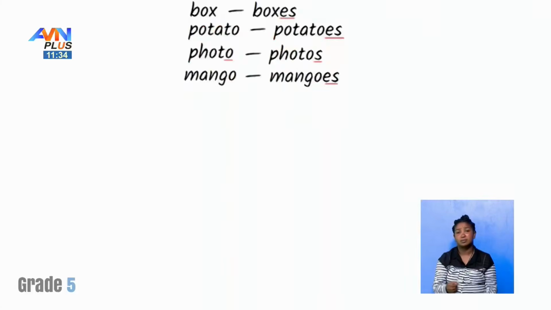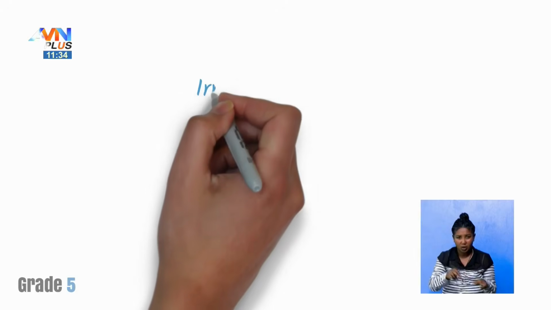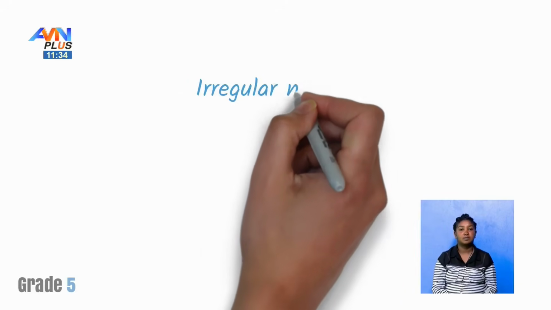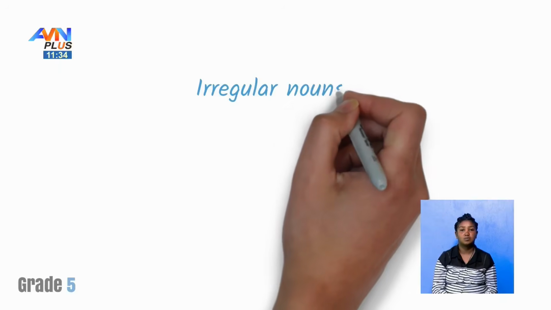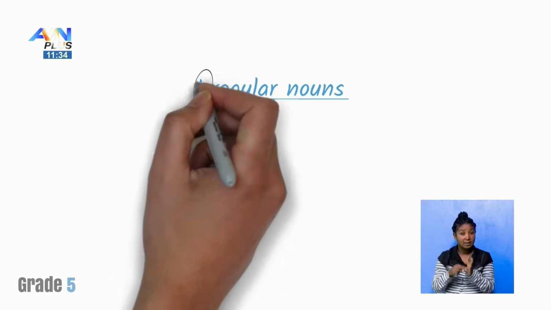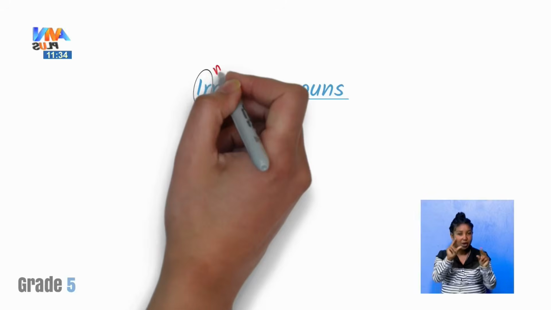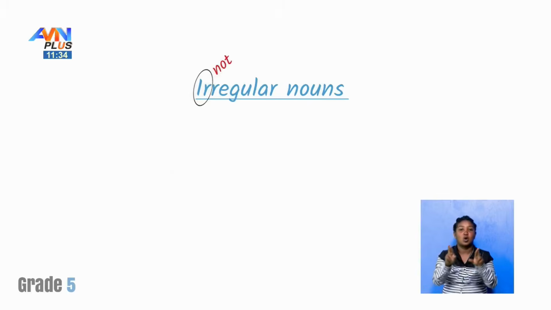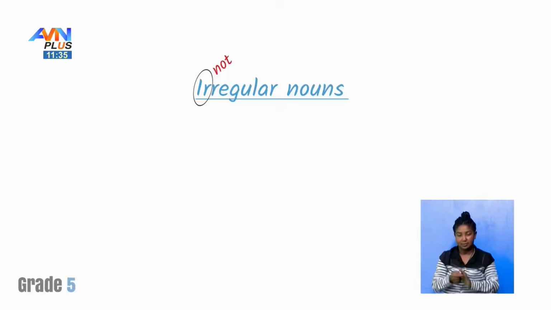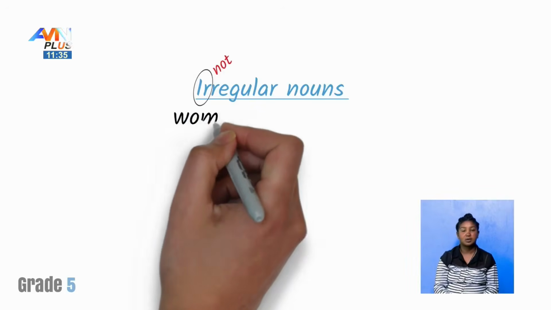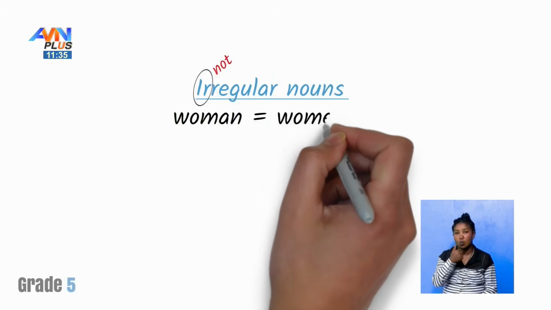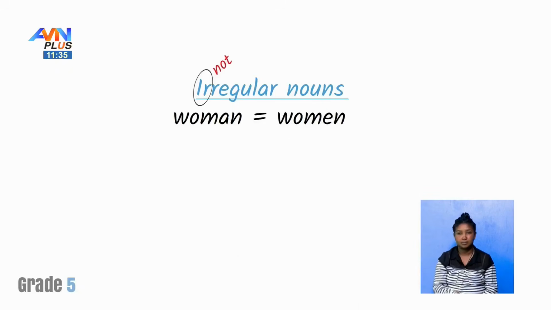Nice. Irregular nouns. Good. As its name indicates, irregular means not regular. There is no fixed form here. For example, when we say woman, we change this one.